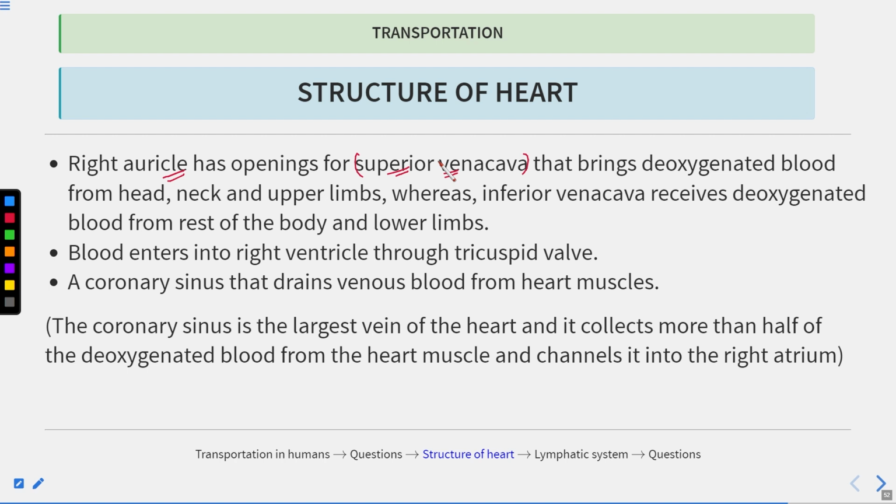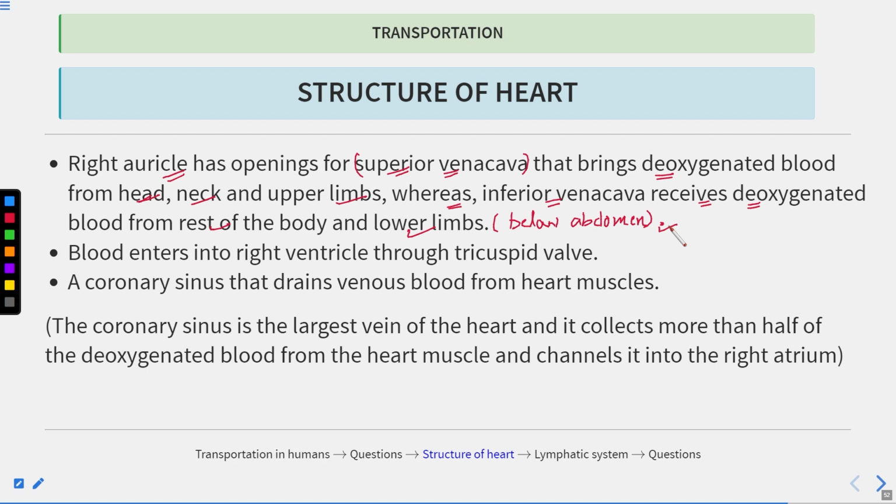So this superior vena cava, I have told you, carries the deoxygenated blood from the head, neck, and the upper limbs, the region above the abdomen, whereas the inferior vena cava receives the deoxygenated blood from the rest of the body as well as the lower limbs, or you can say below the abdomen. That's why its name is inferior vena cava.